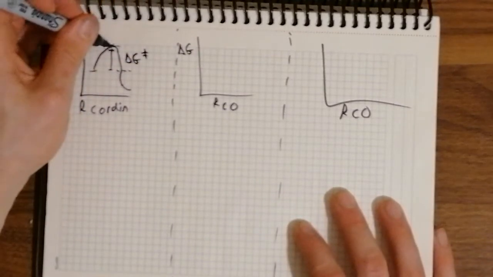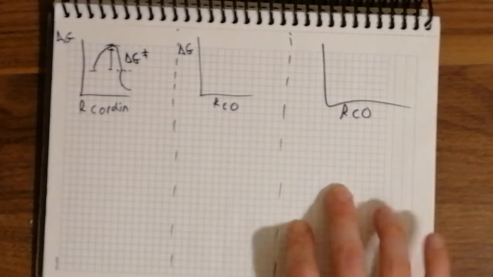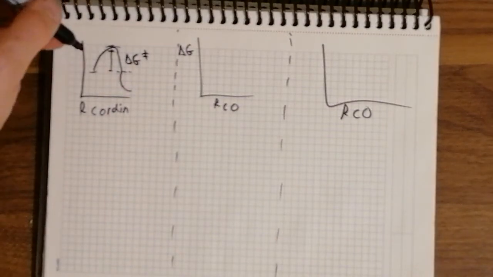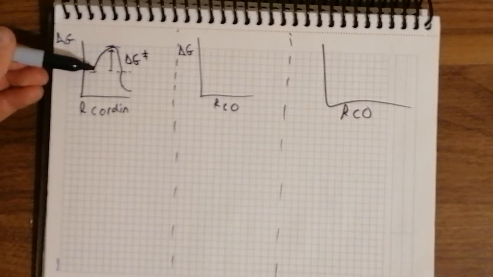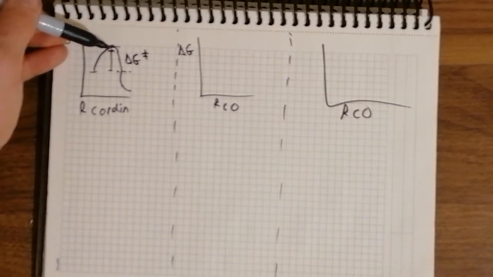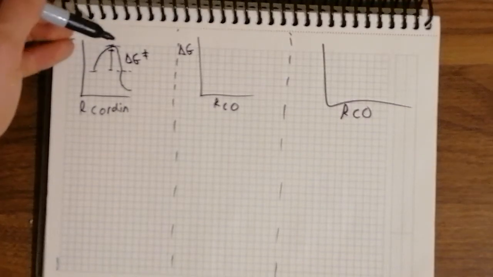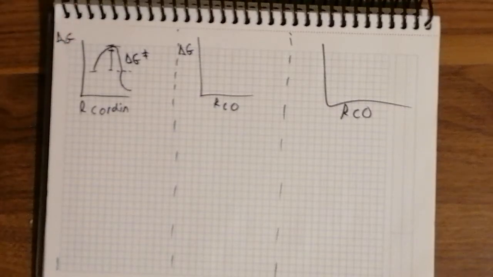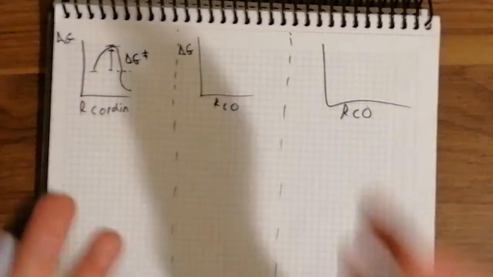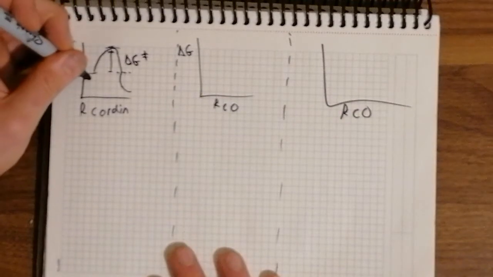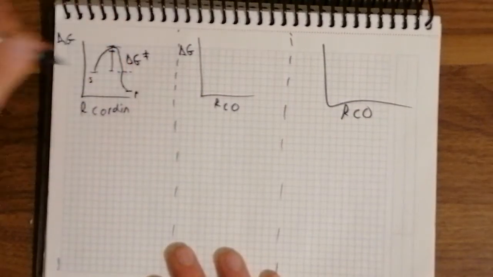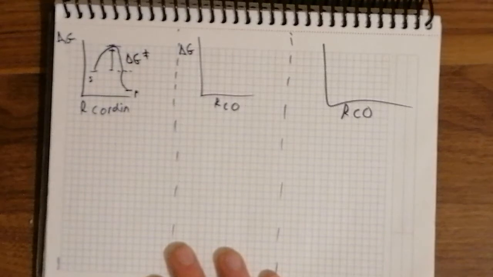For example in SN2, this would be where there's an inversion of stereochemistry, so it flips. It's the point where it transitions to the next part of the reaction. So we've got the substrate and the products here, and that's the energy required.